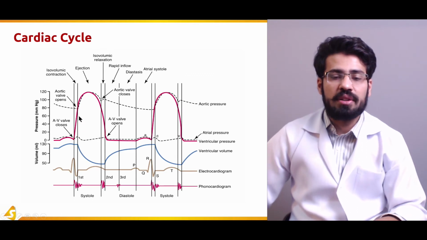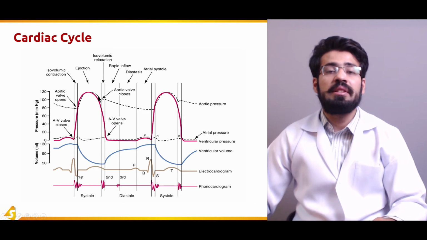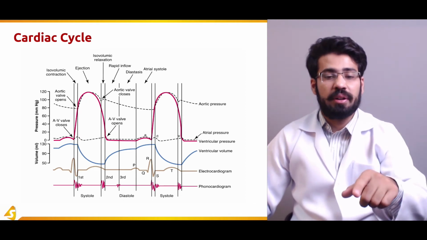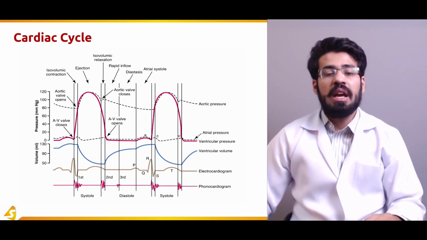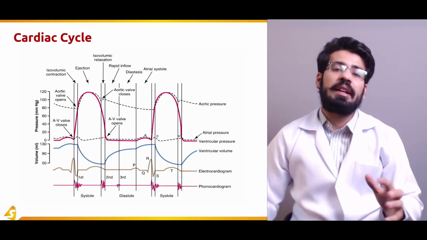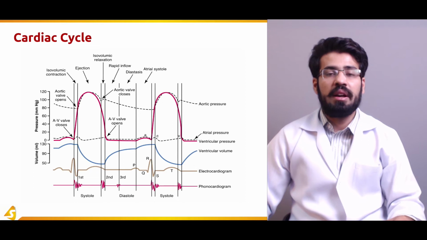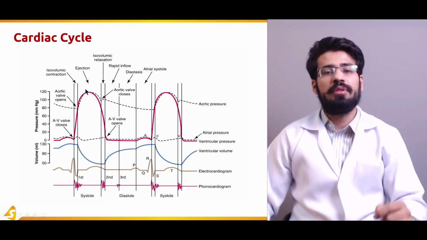Now the aortic pressure increases. Of course, the aortic pressure will increase because the ventricle has contracted and the blood in this phase is moving out, and the aortic valves are preventing the backflow of the blood.